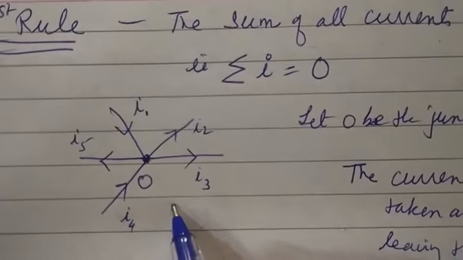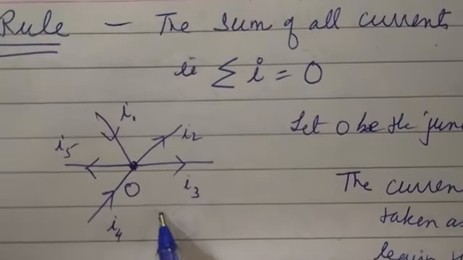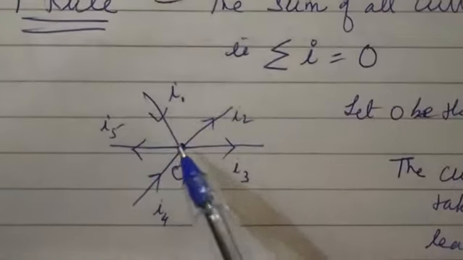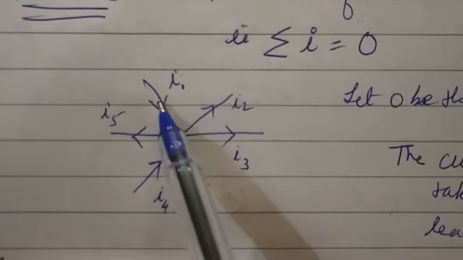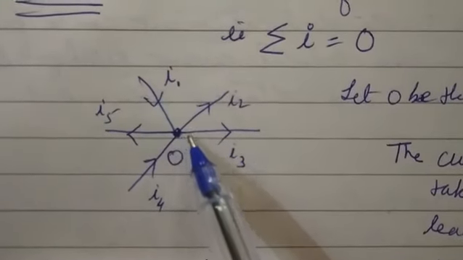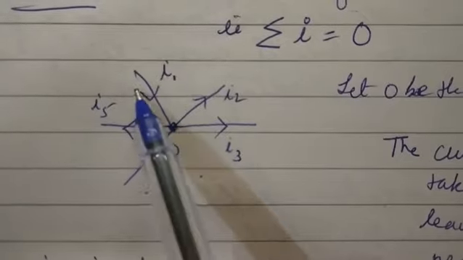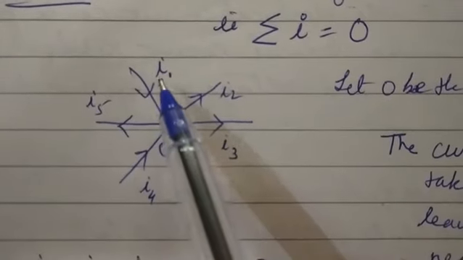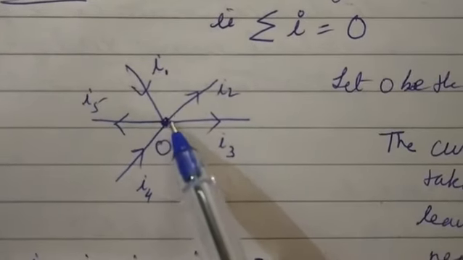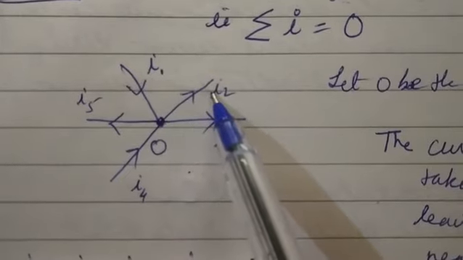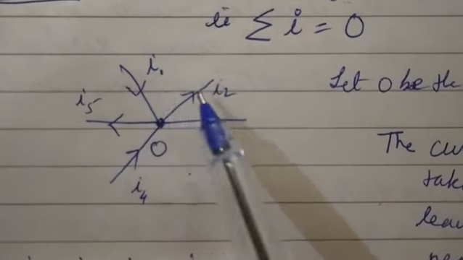For our convenience, if we take current coming towards the junction as positive, then current leaving the junction will be taken as negative, because both directions are opposite.